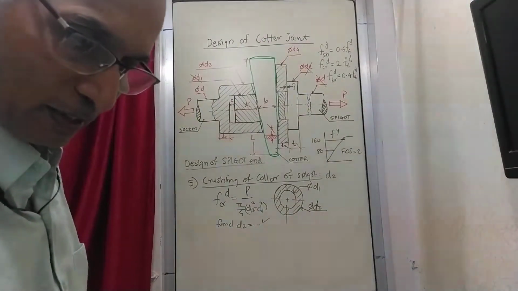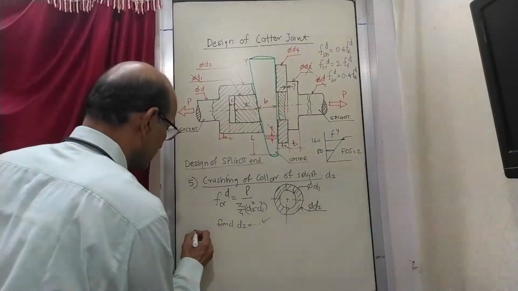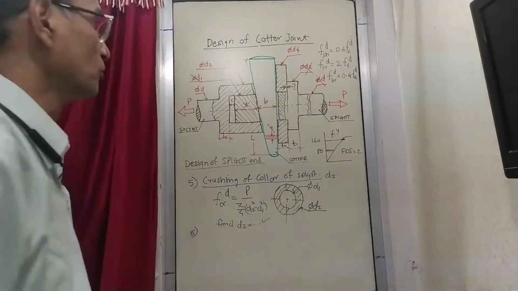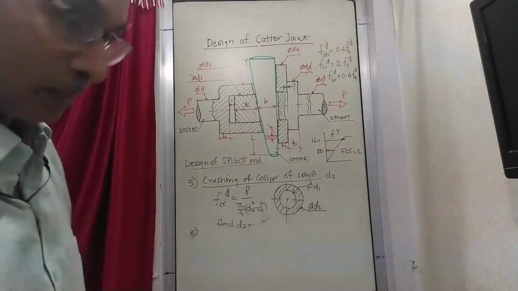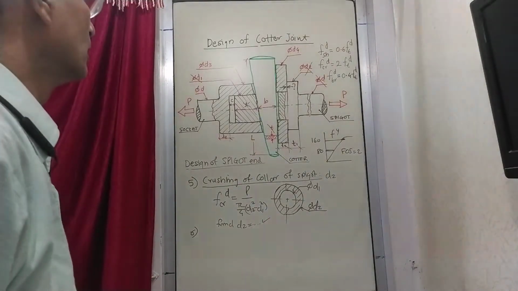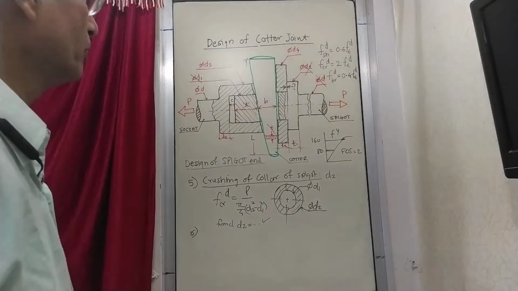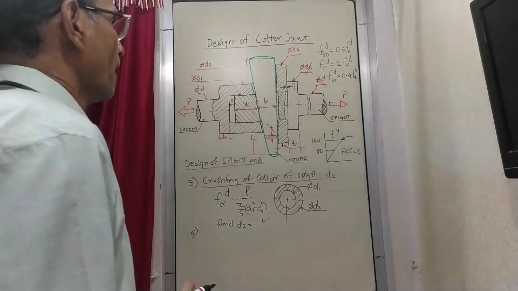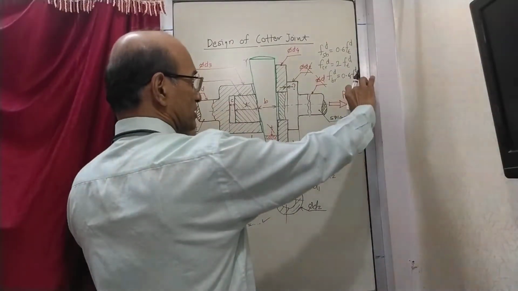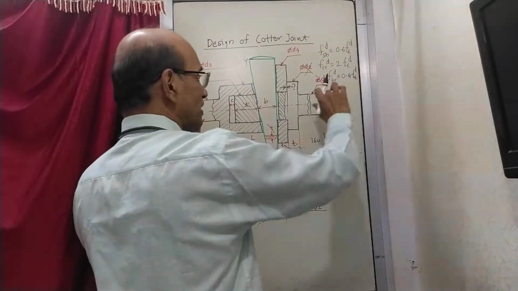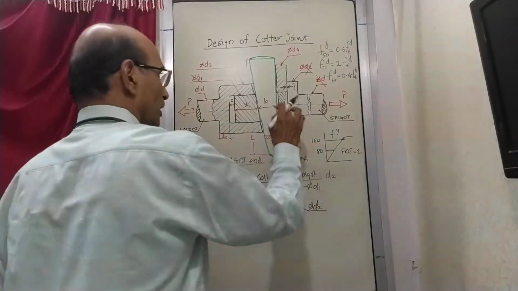Now let's see the next part, that is, from where else it will fail. Now you will find here that as you go on applying a load like this, there is a possibility for the collar, again the same thing.